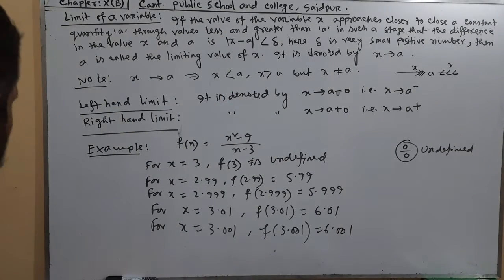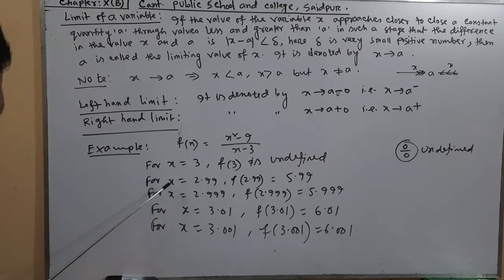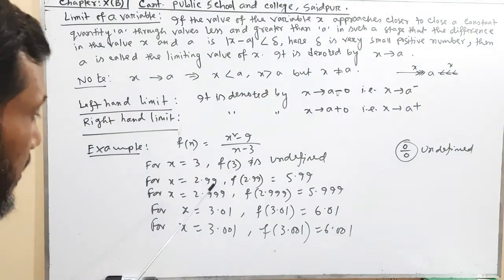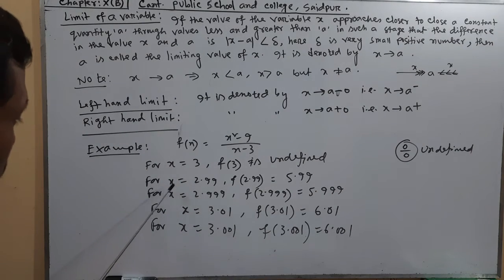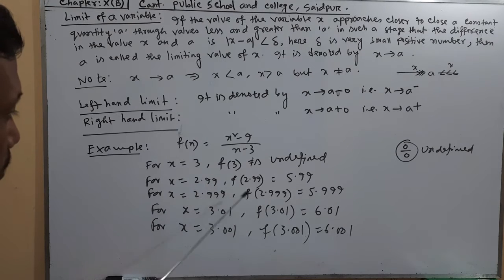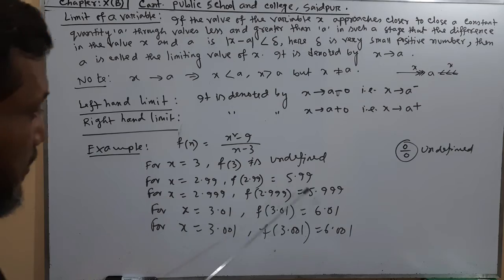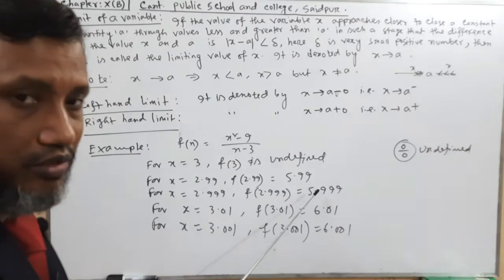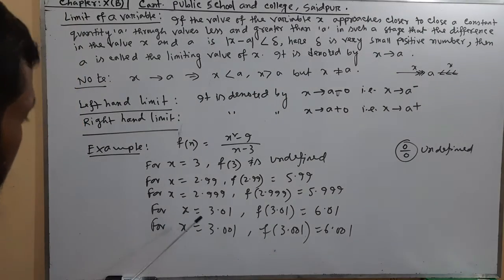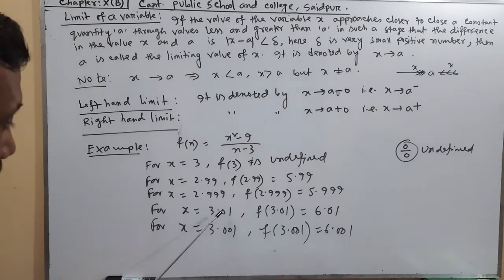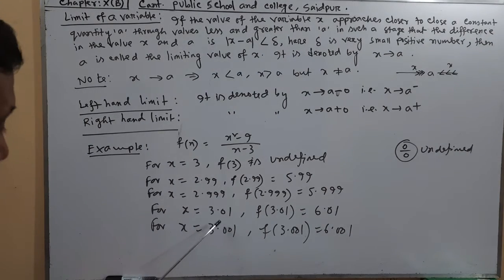We are seeing that these two values of x are very close to 3, but less than 3. This is the left hand limit, and if we put these values in the function, we get values very close to 6. Similarly, the last two values, 3.01 and 3.001, are also very close to 3 and greater than 3. This is the right hand limit.